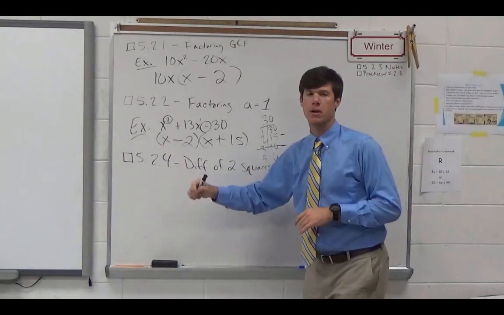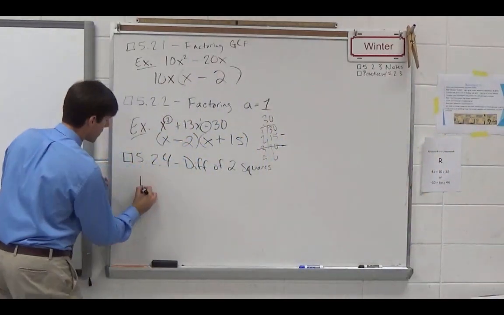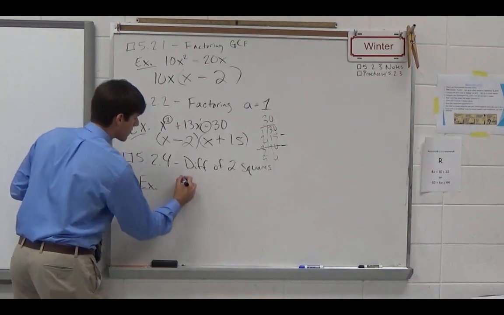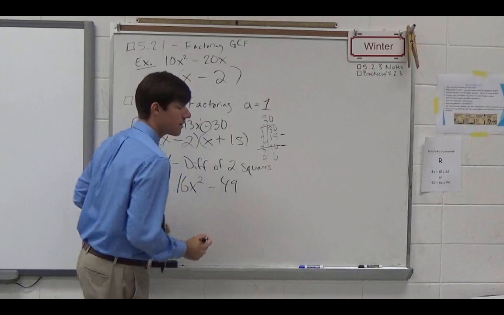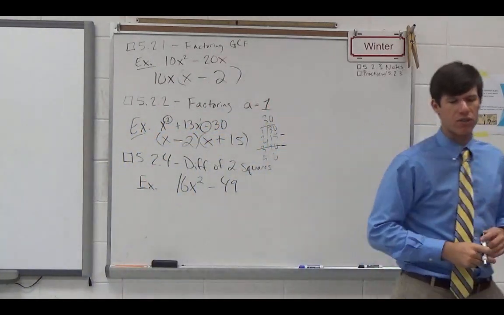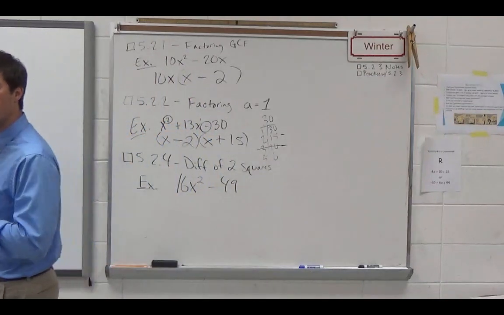Well, actually, 5.2.3. So an example for that would be something like 16x squared minus 49. I want you to try and factor that. Remember, it's a difference of 2 squares.